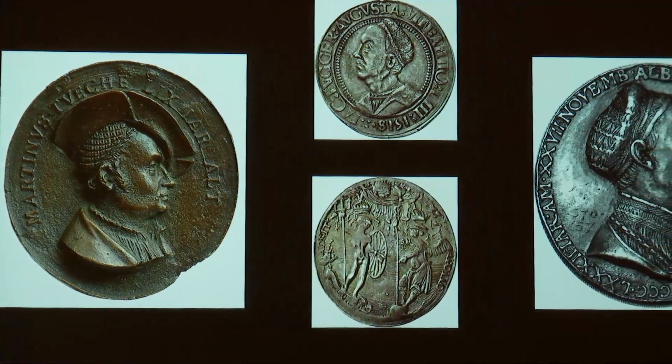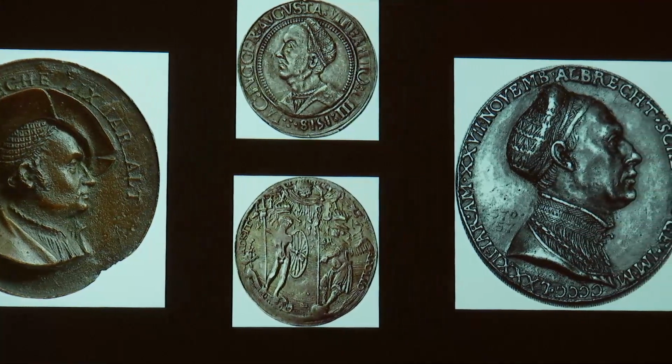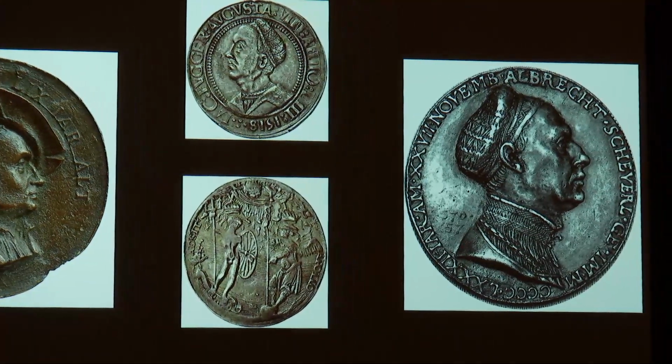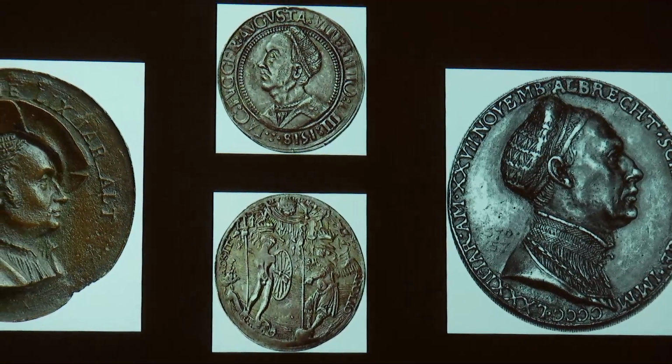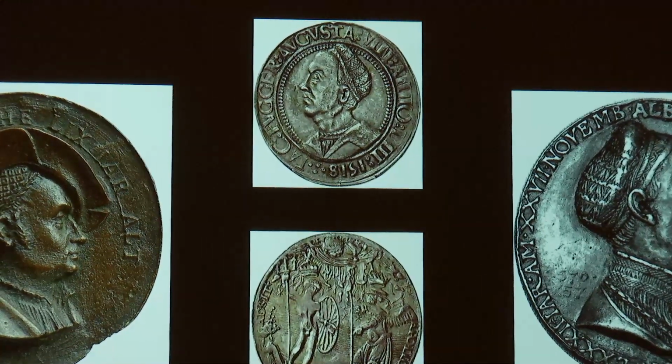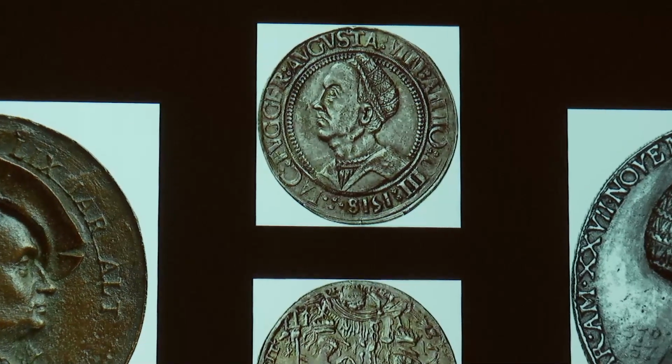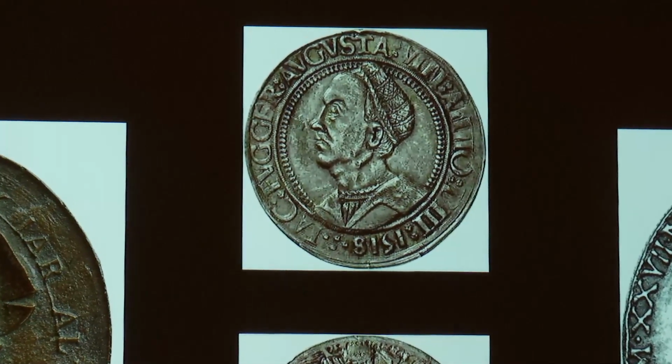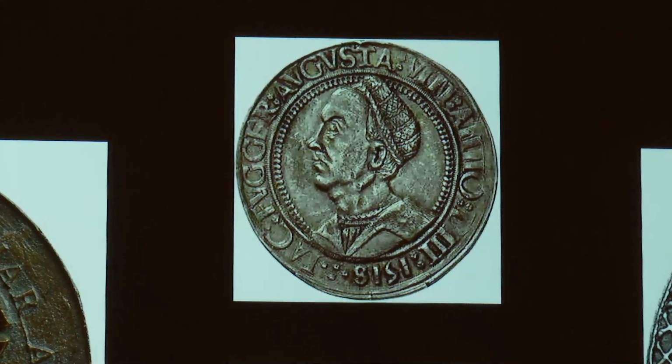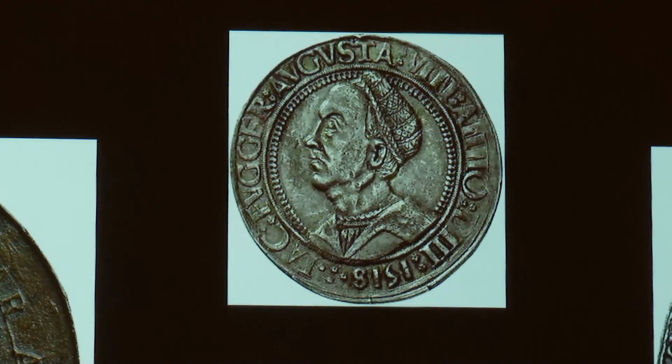It's worth noting that one of the earliest medals made in Germany, seen at the center, is of Jakob Fugger, an Augsburg merchant who also had extensive mining and foundry interests. Like Tucker's medal, Fugger's seems to point to the significance of its materiality.